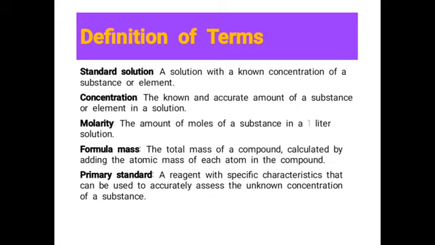For instance, when you have an acid solution and they say the acid is concentrated, that means the amount of acid in that solution is high. That's what we say it has high concentration. The amount of a particular substance in a solution, that's the concentration.